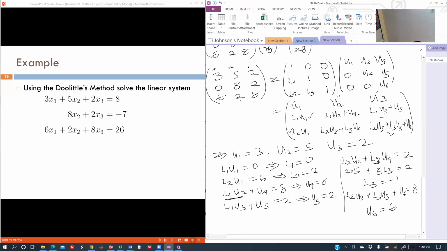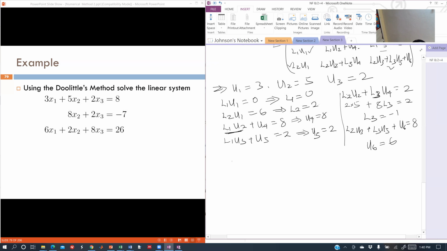And so we are going to have, therefore, the L matrix is going to be 1, 1, 1, 0, 0, 0. And what is L1? L1 is 0, L2 is 2, and then L3 is minus 1. Then what is my U?